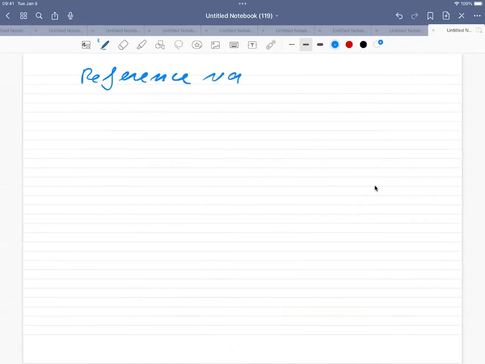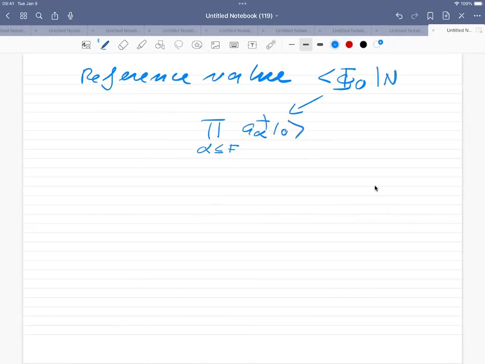So last week, we calculated the expectation value of an ansatz for the ground state. And this is now given by the product over alpha less than F of a alpha dagger acting on 0, of the number operator, of phi 0. And one of the things we found then is that this expectation value is simply equal to the number of particles.